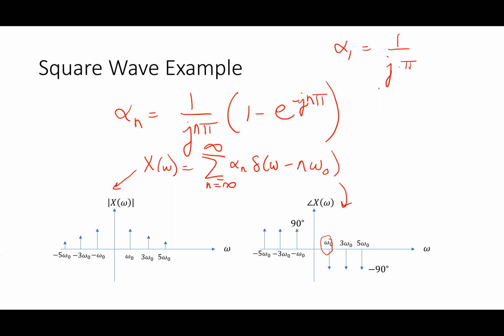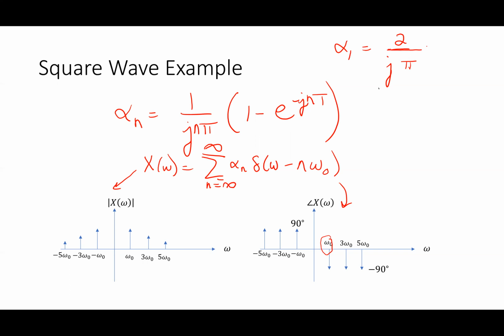And what do I get for 1 minus e to the negative j n pi if n was equal to 1? e to the negative j pi is negative 1. So this guy would become 2 over j pi like that.